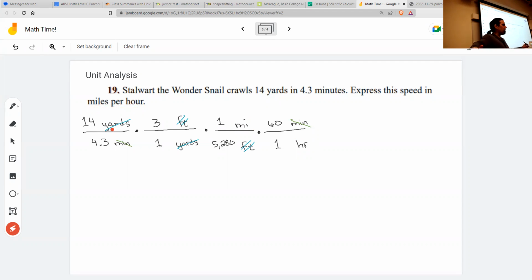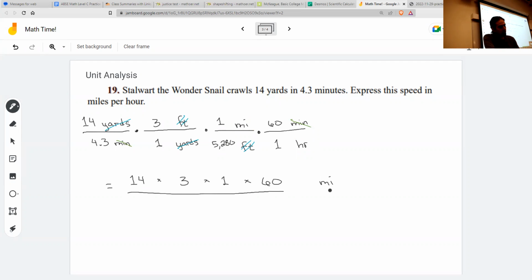The calculator does all the rest of this. You don't have to write all that I'm going to write, but just to be clear, on top we have 14 times 3 times 1 times 60, and all that's left is miles. And on the bottom, we have 4.3 times 1 times 5,280 times 1, and the only word that's left is hours.